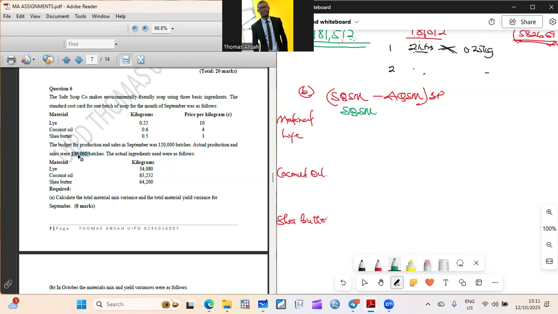So that flexing thing you are doing is what we are interested in. So this side will be 0.25 multiplied by 136,000. All right. That's 34,000. That's 34,000.